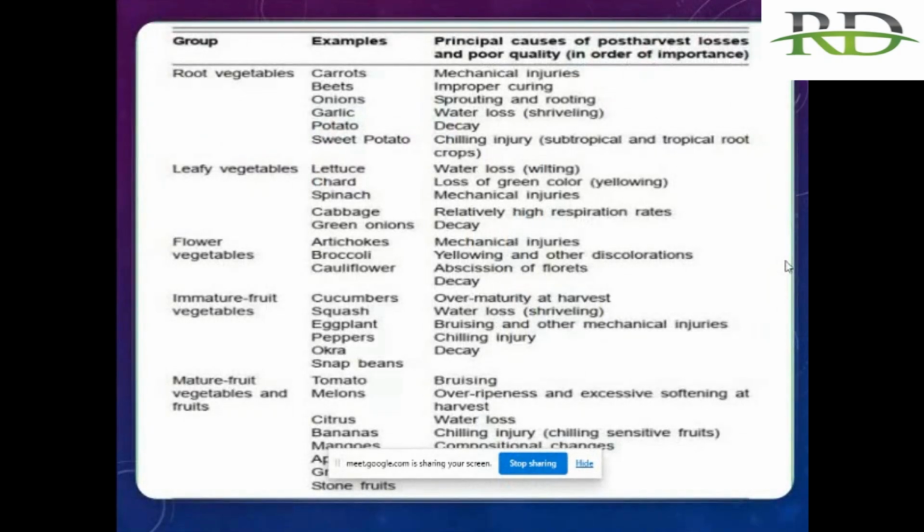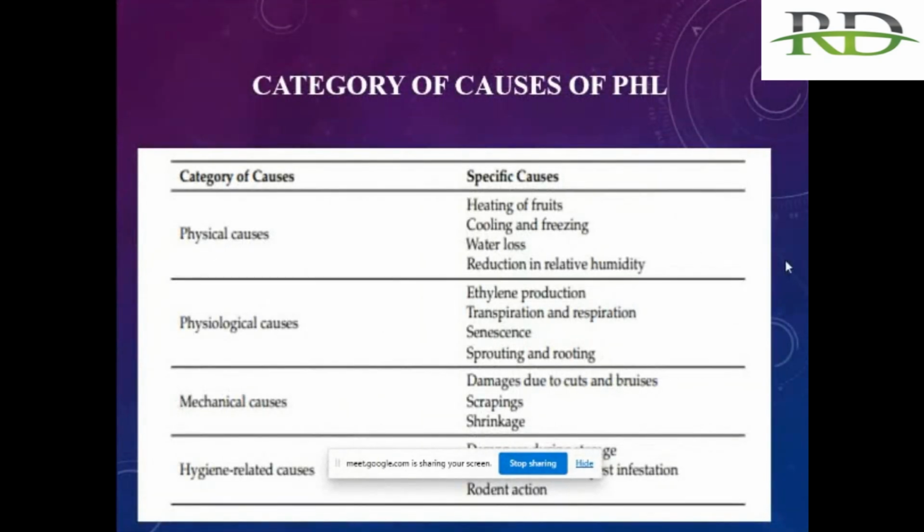These were the produce that may suffer poor quality and post-harvest losses under different conditions for different crops. Now, the categories of causes of post-harvest losses are physical causes, physiological causes, mechanical causes, and hygiene-related causes.